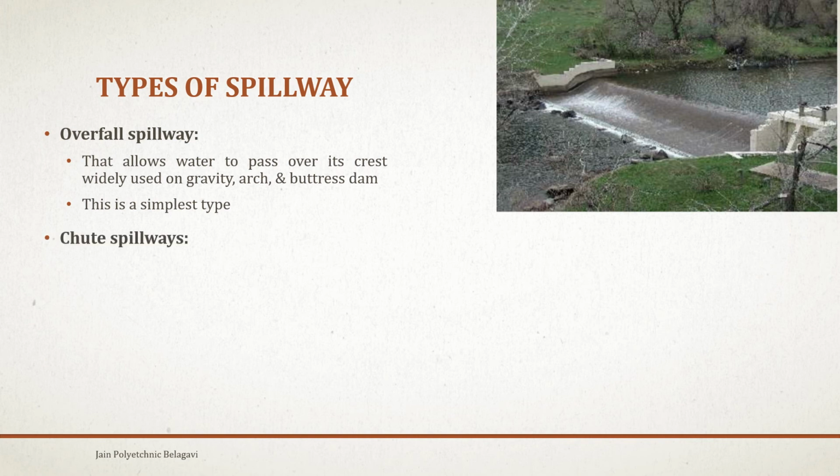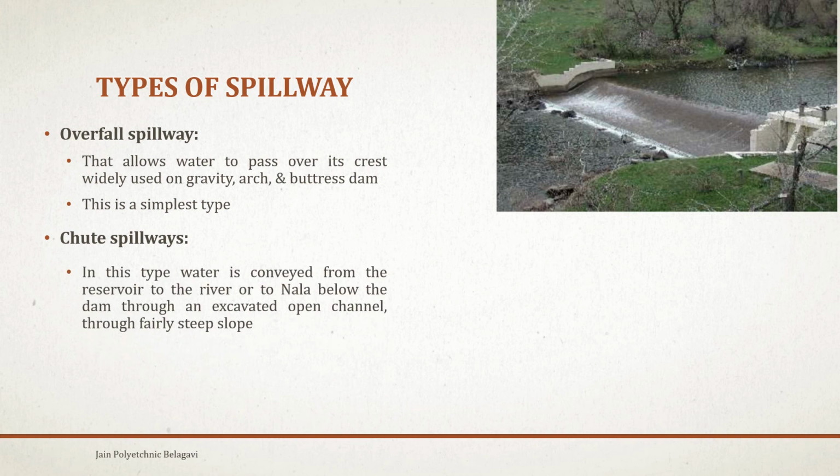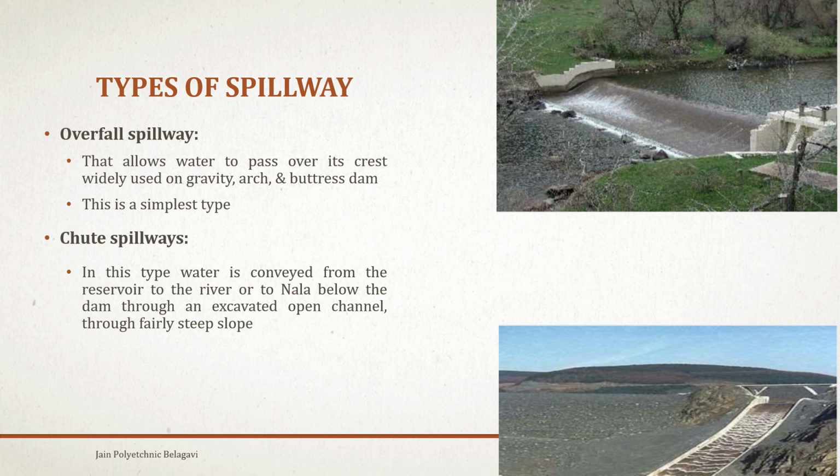Next, the chute spillway. In this type, water is conveyed from the reservoir to the river or to the nala below the dam through an excavated open channel with a fairly steep slope.